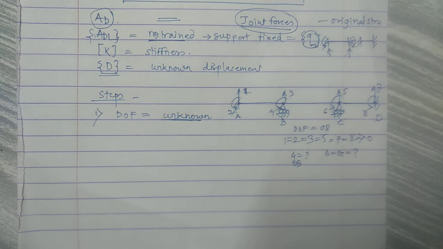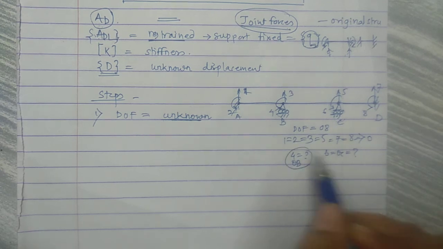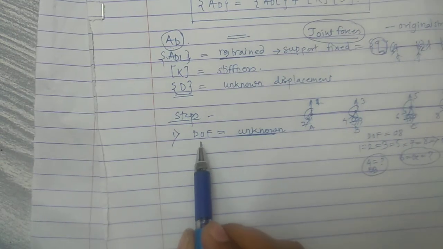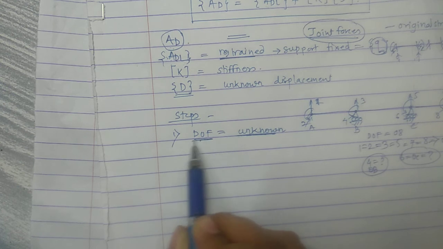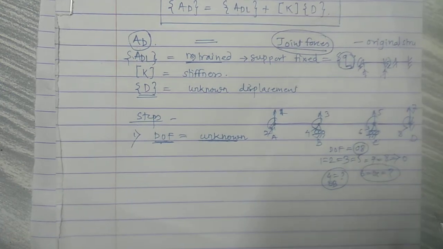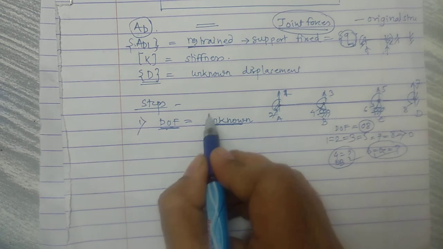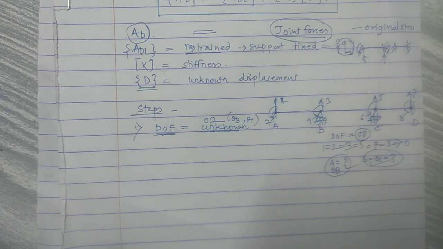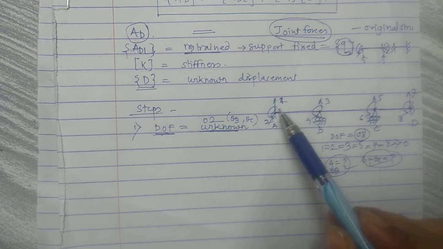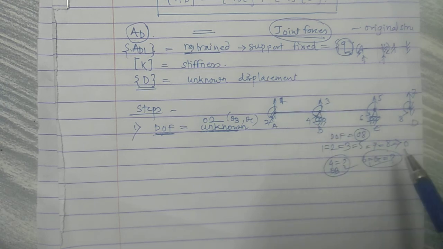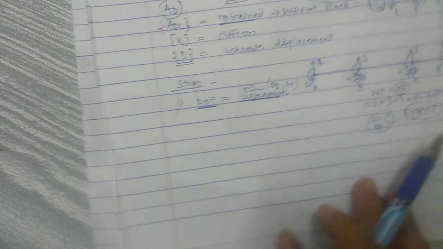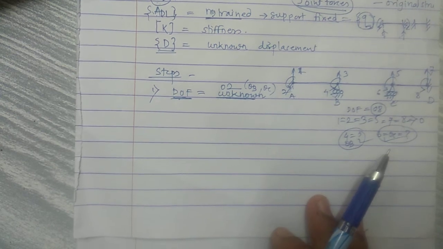All other degrees of freedom are 0 and the remaining are theta B and theta C. So in the structure approach, in the first step, you don't consider all 8 degrees of freedom, only the unknown ones, these 2, and in brackets you write theta B, theta C. There is no numbering for 8 degrees of freedom in the structure approach. You directly write only the 2 unknowns, theta B and theta C. This is the first step.